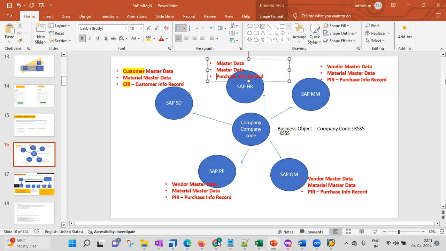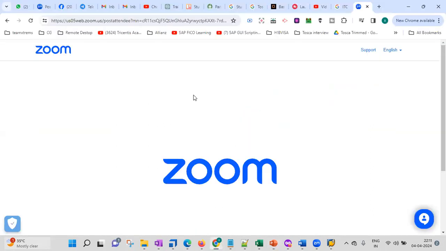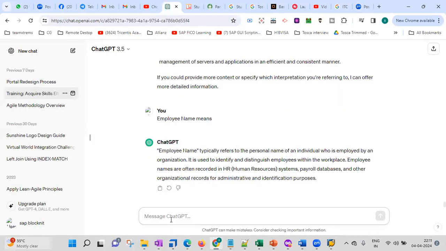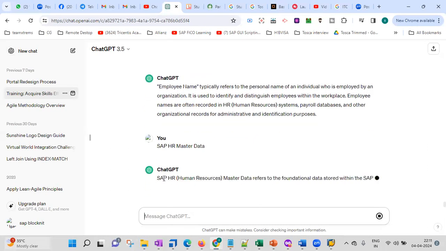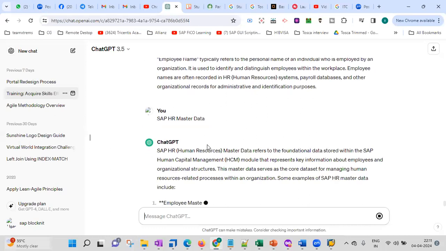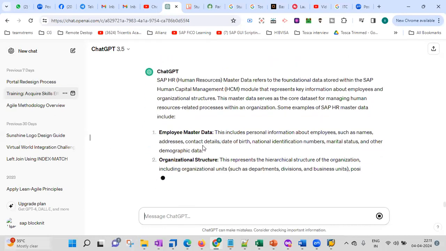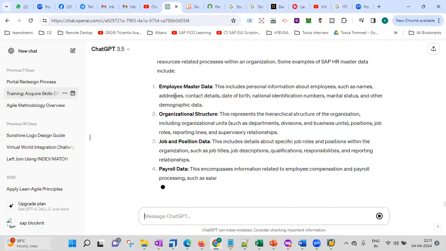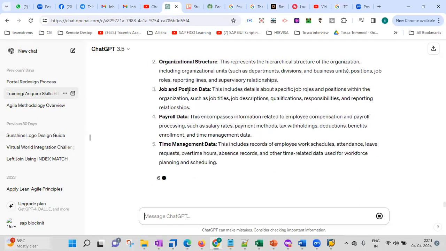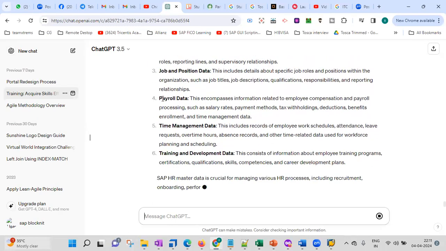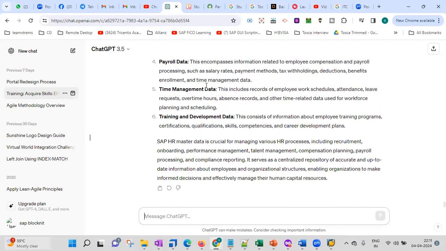If you still want more clarity, we can try. Here, SAP HR master data. Let's see what master data is available for HR. HR means employee related, so: employee master data, job position data, payroll data, time management, and training.